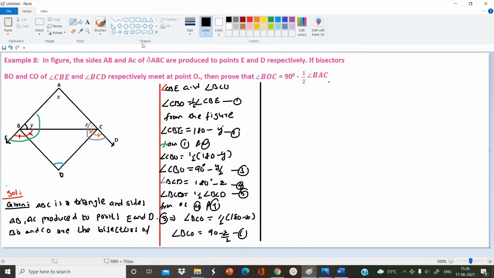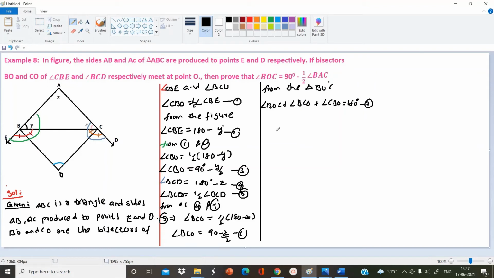So from triangle BOC, the interior angles are angle BOC plus angle BCO plus angle CBO equals 180 degrees. Okay, now just think this is equation 7.